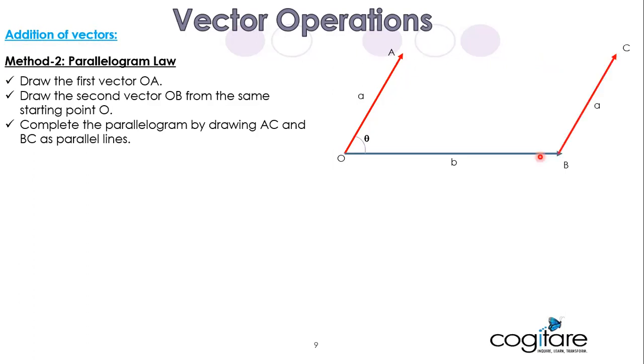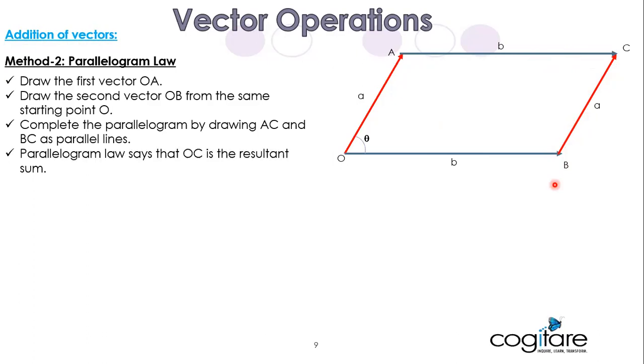Here, we need to draw a line which is parallel to OA and another line which is parallel to OB. So we have AC and BC as the two sides of the parallelogram. Parallelogram law states that OC is the resultant of the two vectors. That is, it says A plus B is nothing but OC. Essentially, we need to find out the length of OC, and that would represent the resultant.